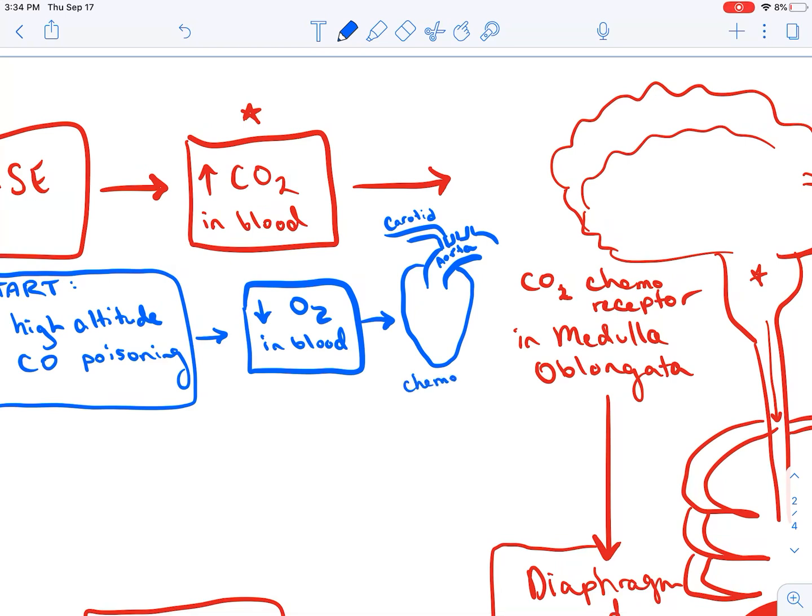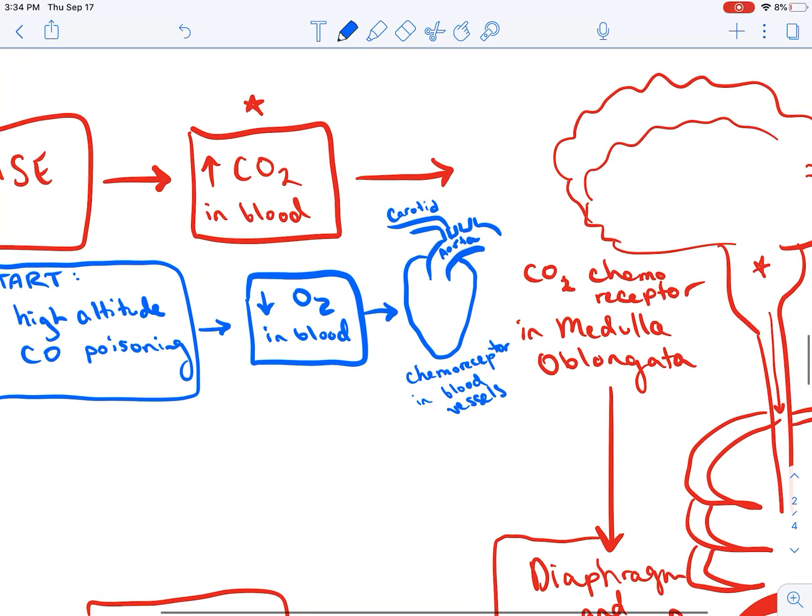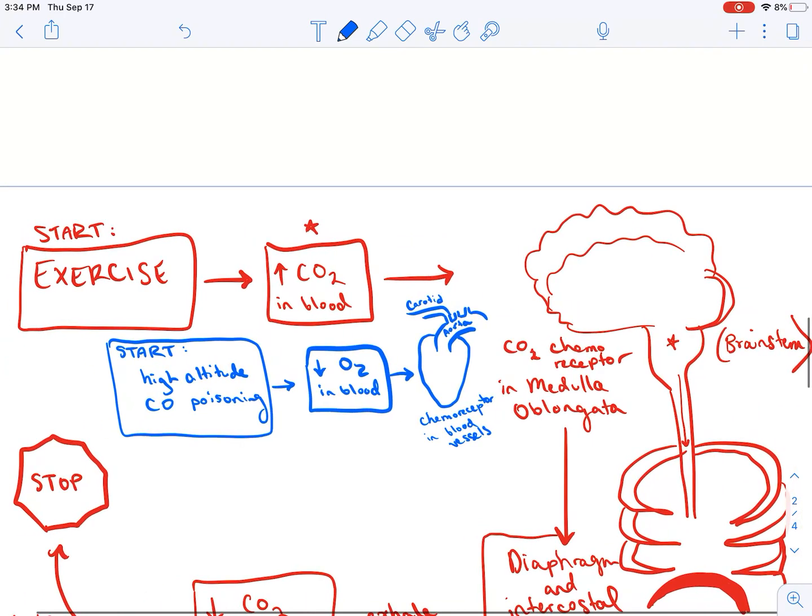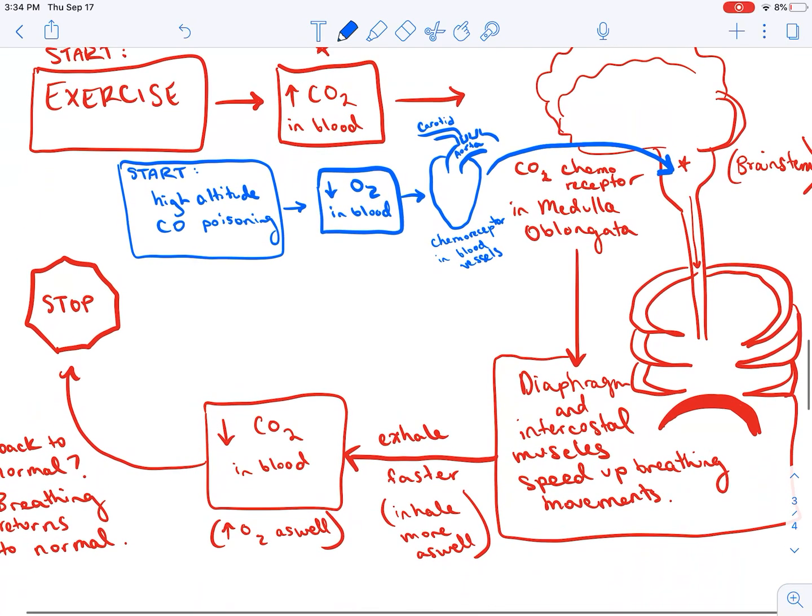So I'm going to write chemoreceptor in blood vessels in your major arteries. That's just kind of one more stop before it still sends a message to the medulla oblongata. Same as before, and then the rest of this whole process is the same.